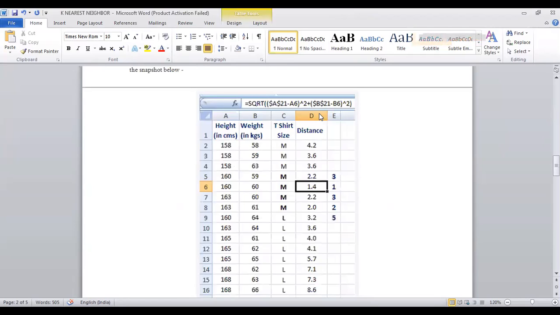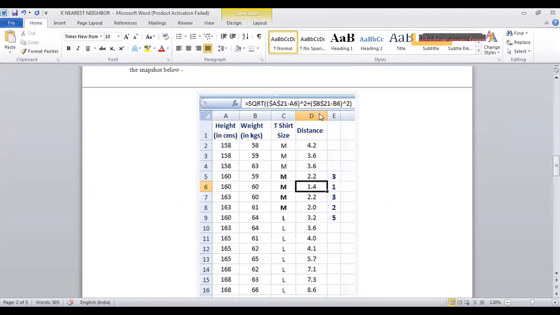That is the fifth data point. Then what is the next smallest distance? 2.0 is the second smallest. Then for the third, we have two distances, 2.2 and 2.2, which are the third and fourth nearest, and the fifth is 3.2. So if there are two distances of the same value, you can count them as two separate distances.